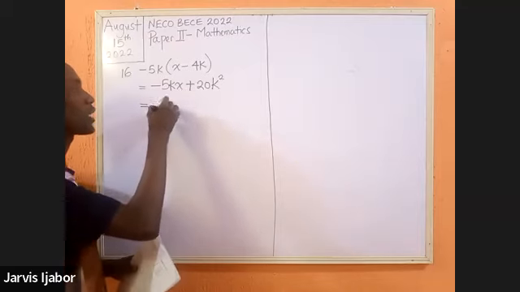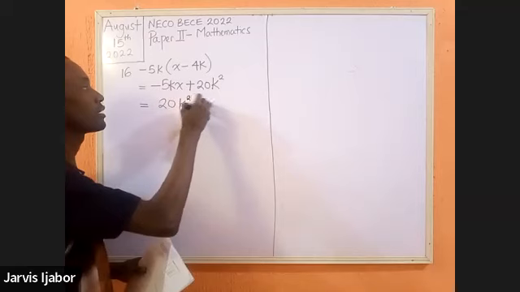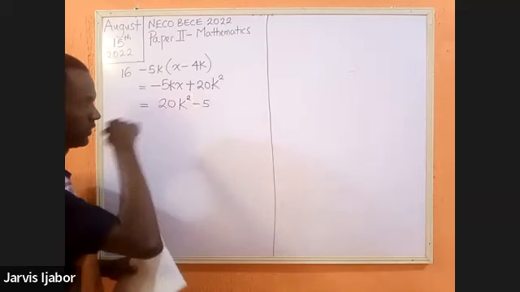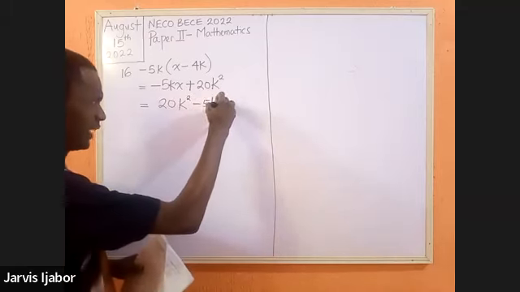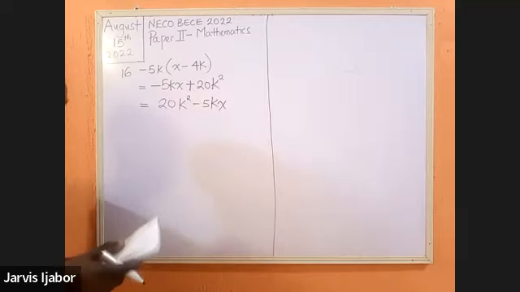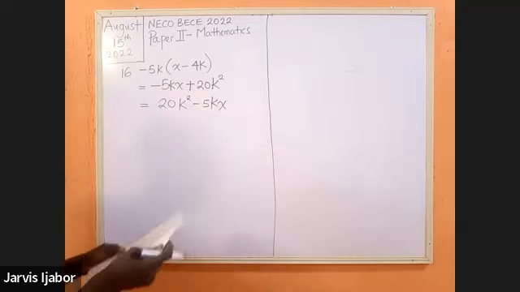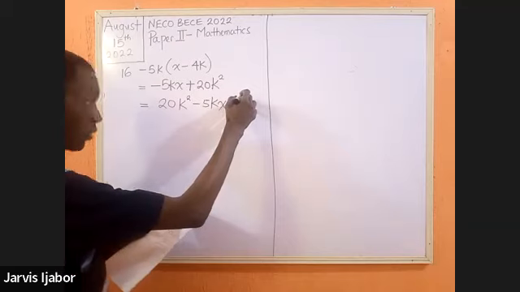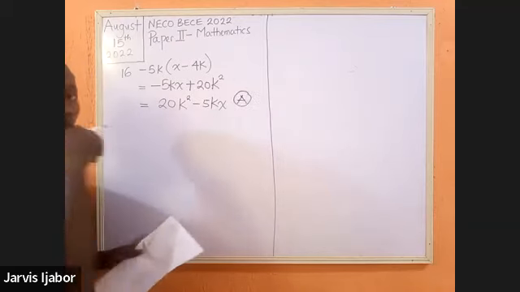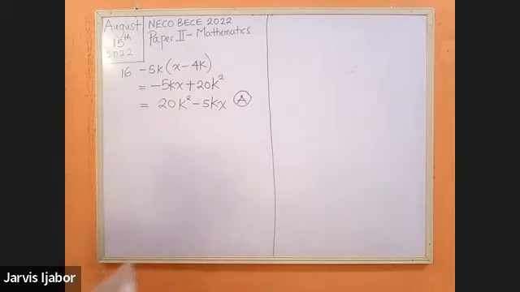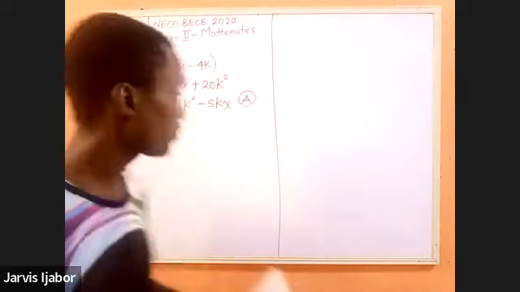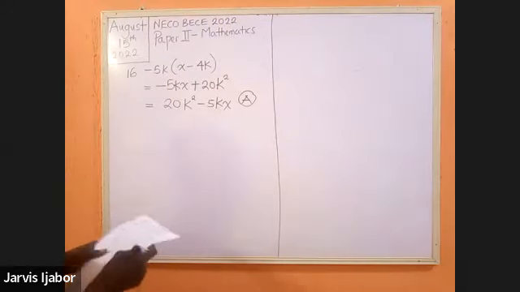So this will give me 20k squared minus 5kx. And if you've done the right thing, the option there will be A. A will be your correct answer. All right, so for that question, A will be the correct answer.